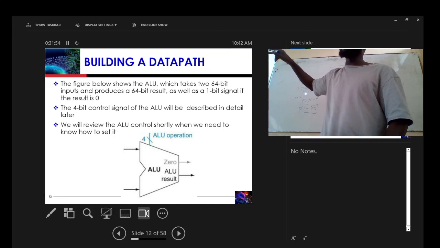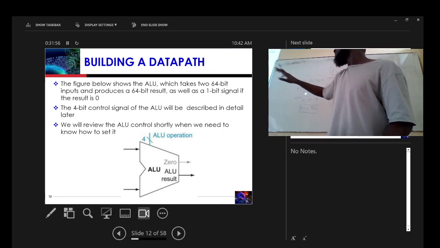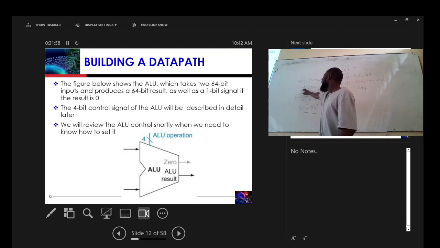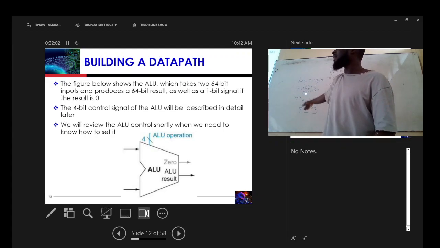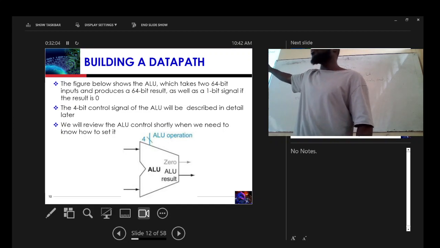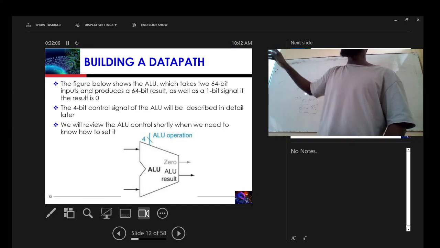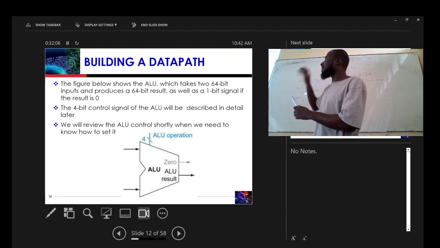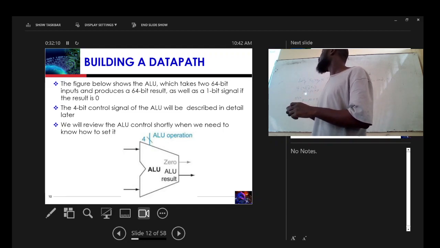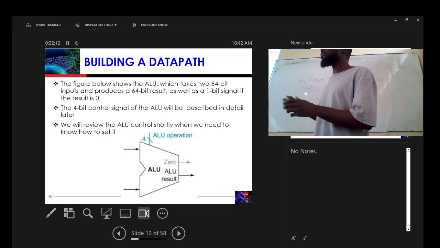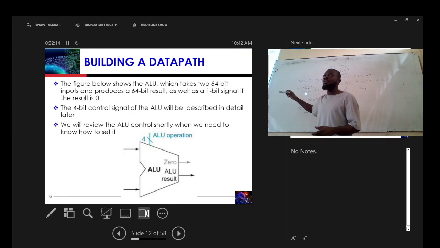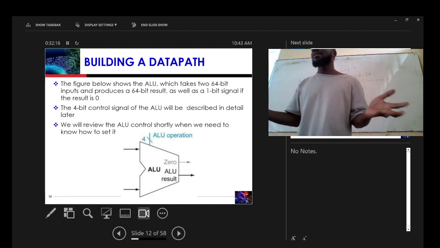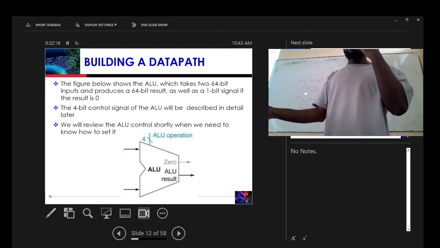If this is not equal to this, the result will be some number, and the zero signal will go low. So we have been able to use the ALU to do the BEQ operation without a comparator. Understood?